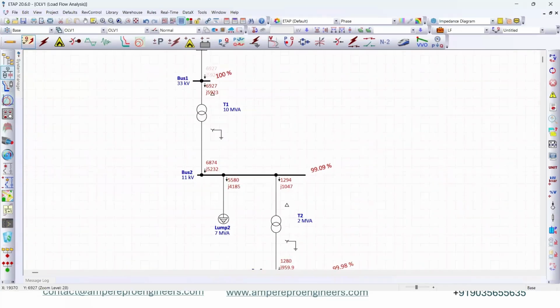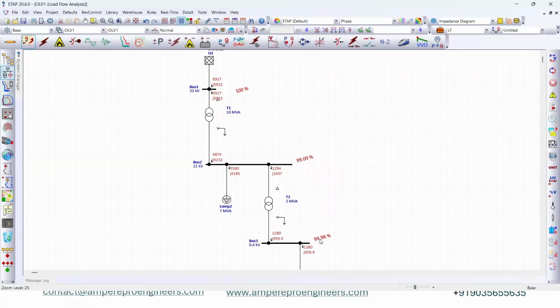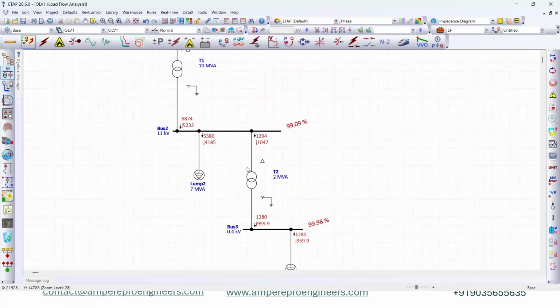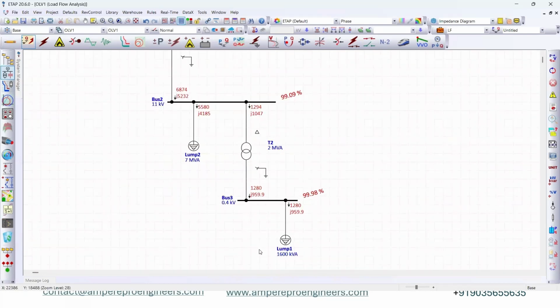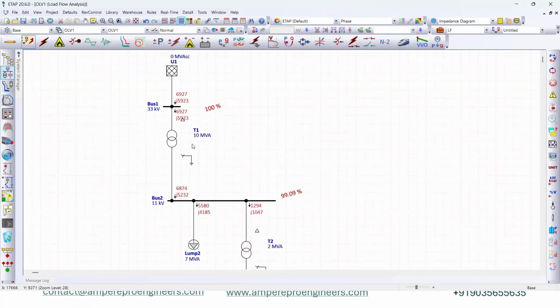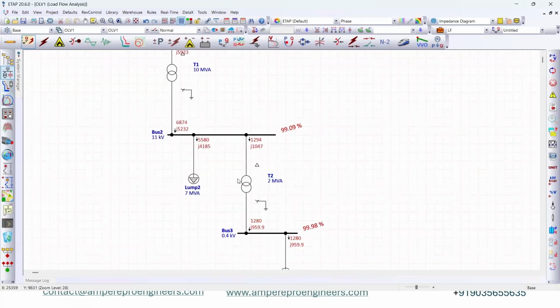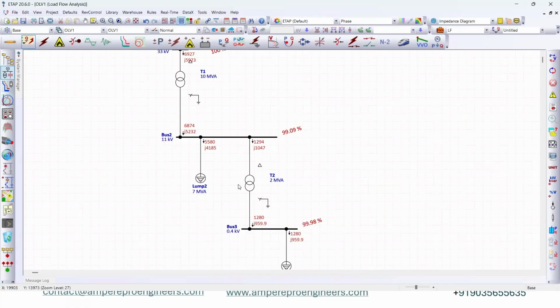So when you run it, can somebody tell me what is the total load at the moment connected to the 10 MVA transformer? Can I get a quick answer in the chat? Considering the present situation, let's make it a little interactive.